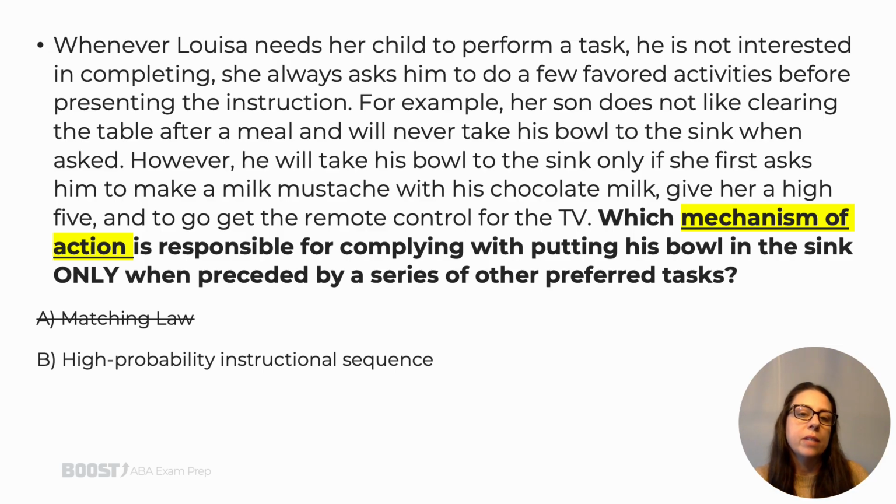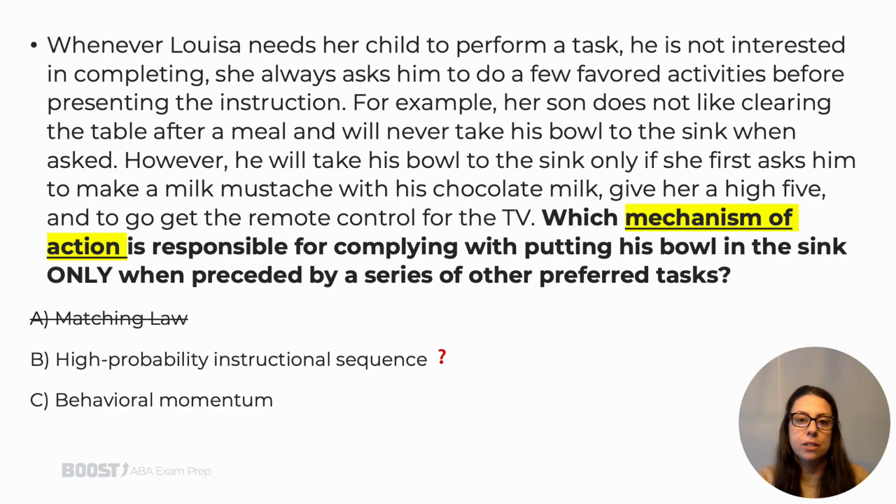So I'm going to leave this one as an option, but I'm not convinced it's the correct answer because it doesn't explain why he takes his bowl to the sink only when preceded by a series of other preferred tasks. It is a teaching procedure, not a mechanism of action or an explanation, but very, very closely related. So we're going to keep that one in our back pocket until we see the other options.